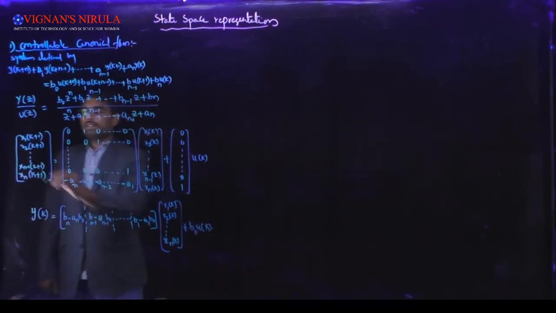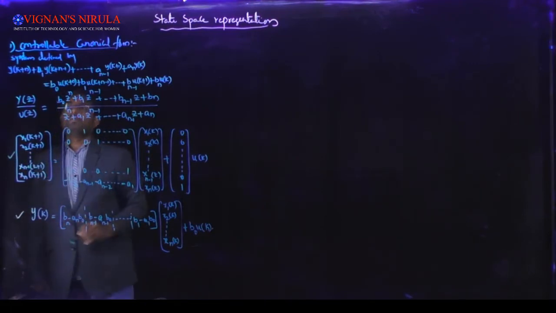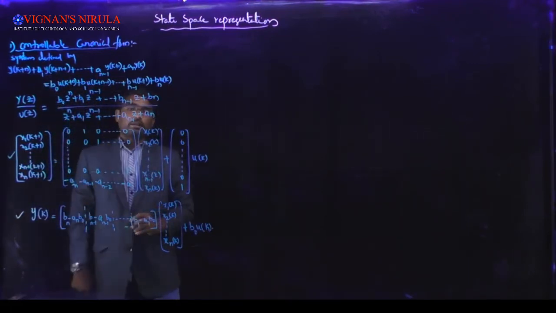So this is the state equation and this is the output equation by using controllable canonical form.